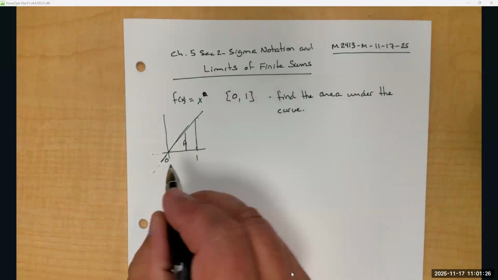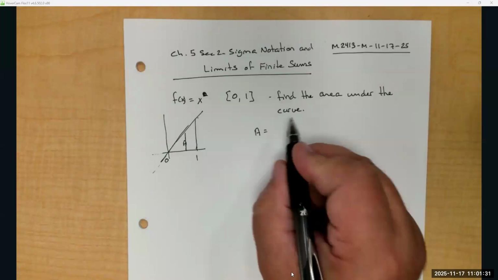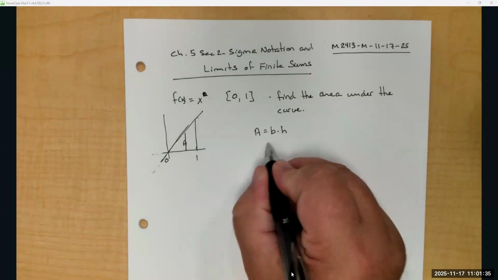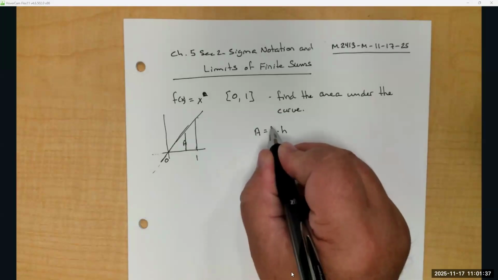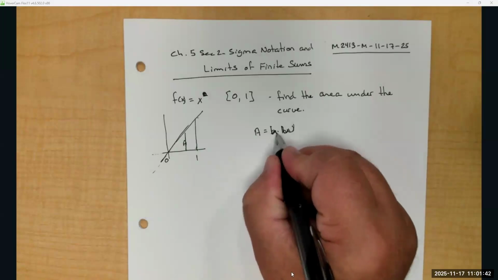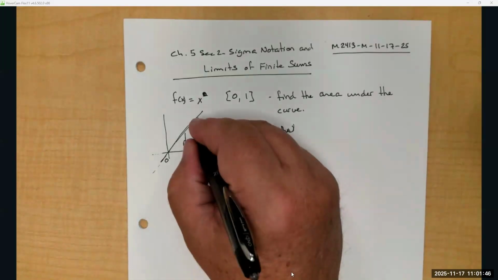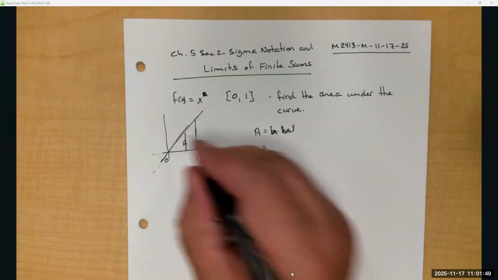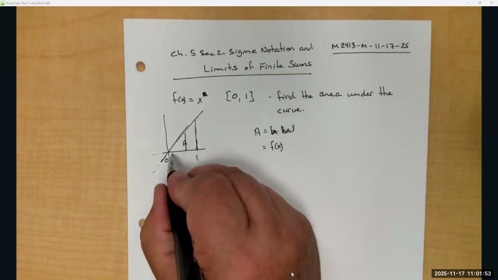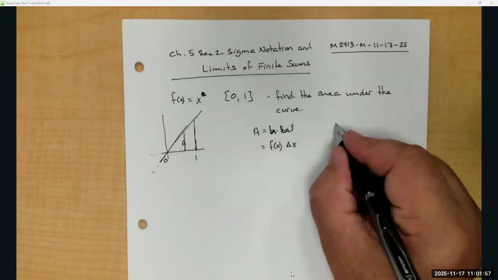And we decided the formula for the area is base times width, or rather, height times width would be better. The height itself is how high the function is from the x-axis, which is our function. And the width is what we call delta x.